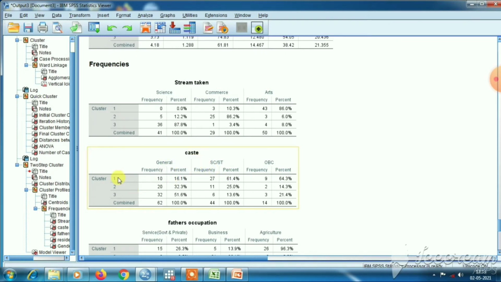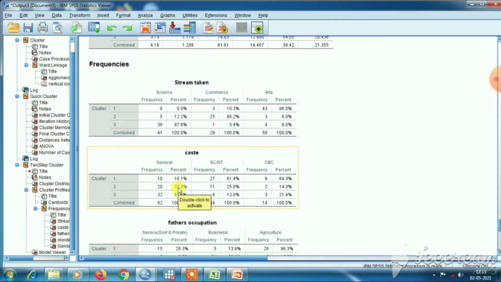Similarly, with respect to caste, for general caste, cluster 3 has 51.6%. That means cluster 3, the cluster in which participants opt for science, has the majority of participants belonging to the general caste.